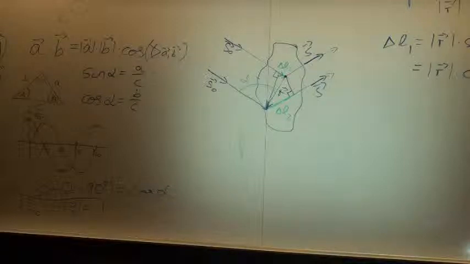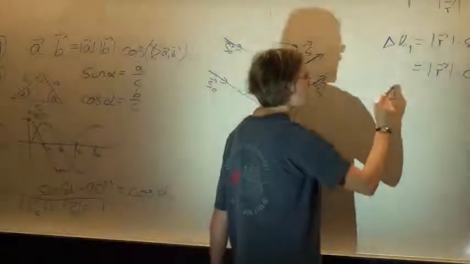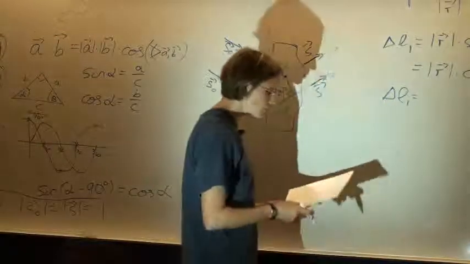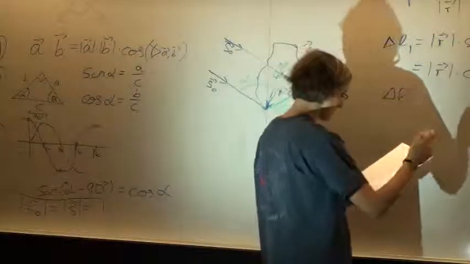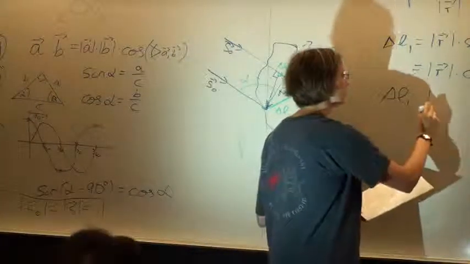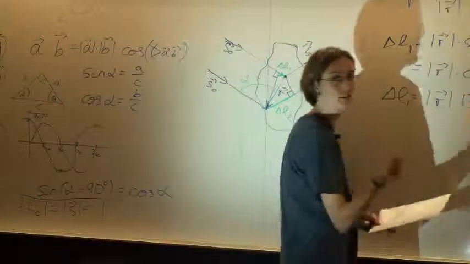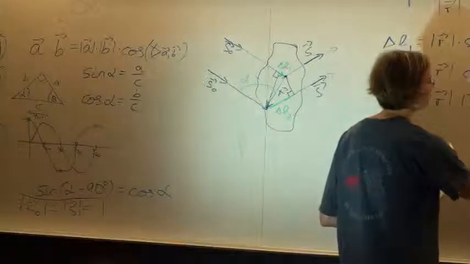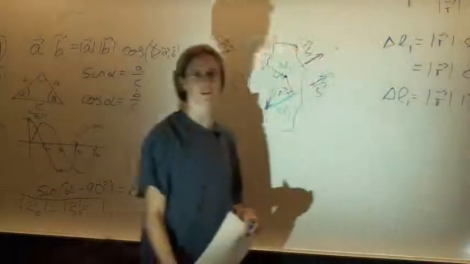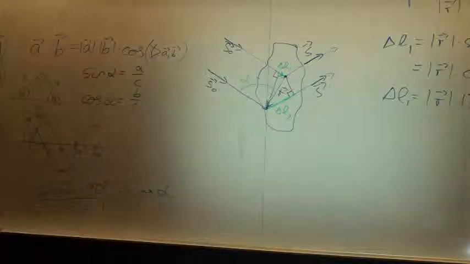Now, can we multiply any expression by 1? Is that a legitimate mathematical operation? Yeah, right? It really doesn't matter. So, let's see. That means that I can say that delta L1 is really exactly the same as R times 1, because the magnitude of S0 is 1, times the cosine of alpha. Right?